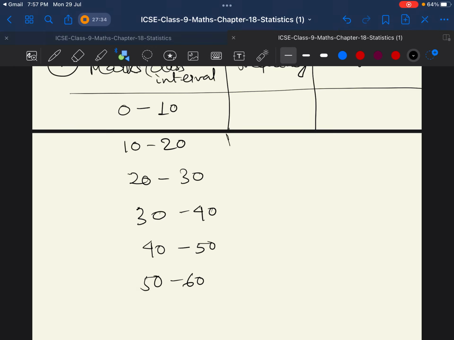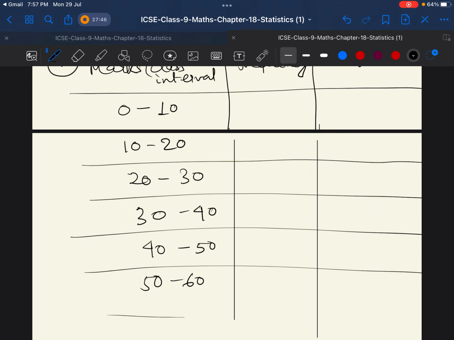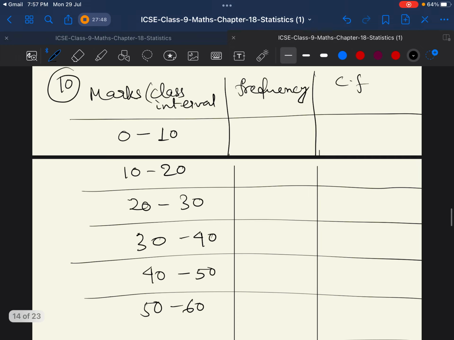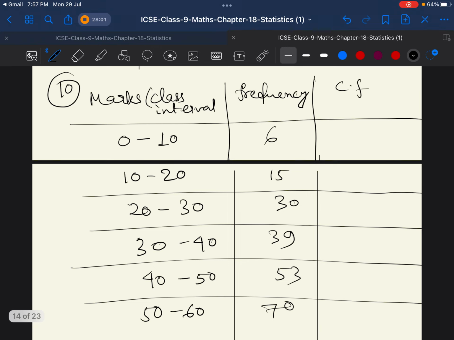Okay, so here you see the frequency is 6, 15, 30, 39, 53 and 70. Okay, so cumulative frequency will be, first we write here 6, then add.